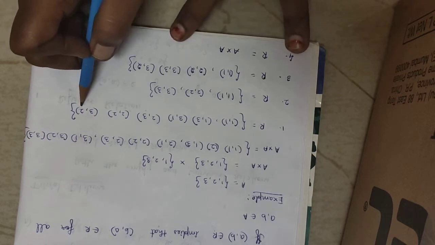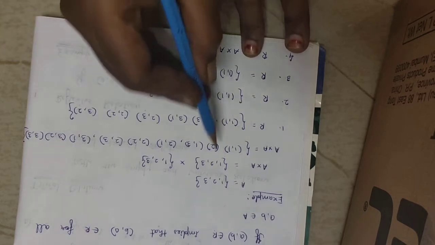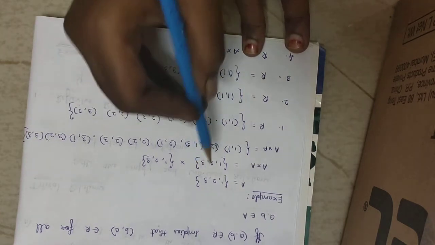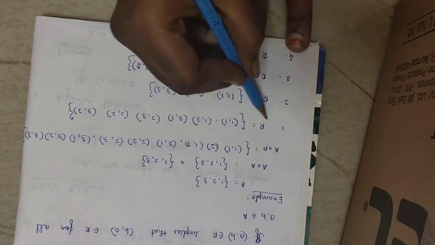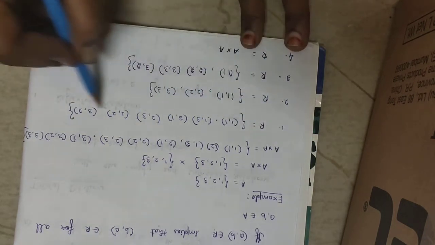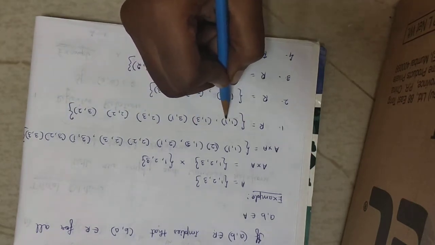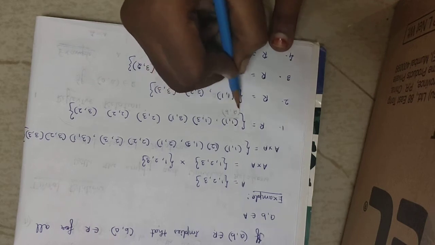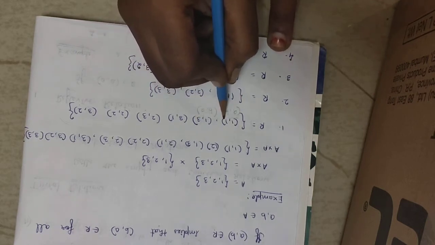Now here I don't want to see whether it is there in the given set or not. I take an ordered pair only in this relation and check: (1,1) is (a, b), then (b, a) will be again (1,1) only.